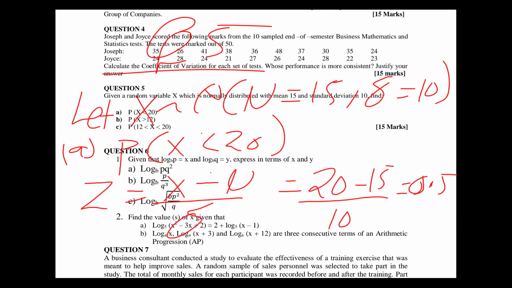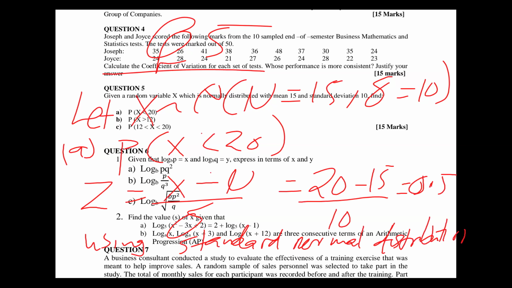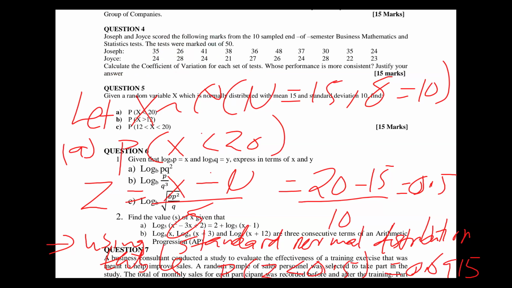Now, using the standard normal distribution table, you write this statement, it's very important: using the standard normal distribution table, the probability that Z is less than 0.5 is equal to 0.6915, which means the probability of X less than 20 is equal to 0.6915.